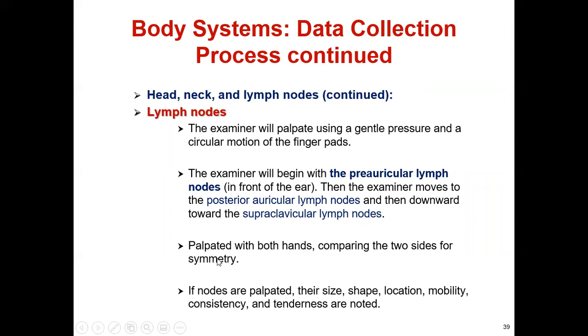Compare the two sides for symmetry or asymmetry. If nodes are palpated, their size, shape, location, mobility, consistency, and tenderness are noted.